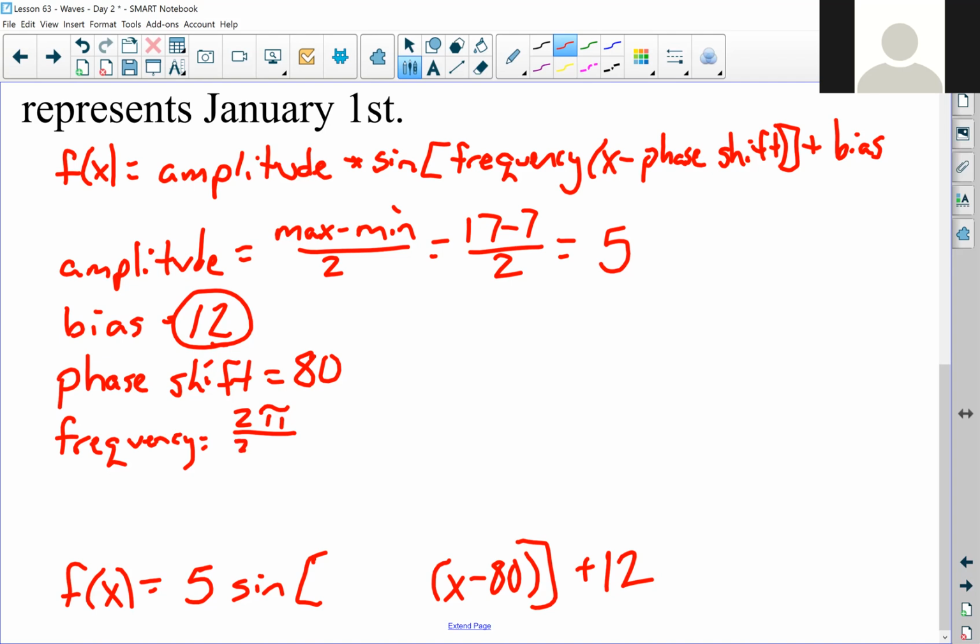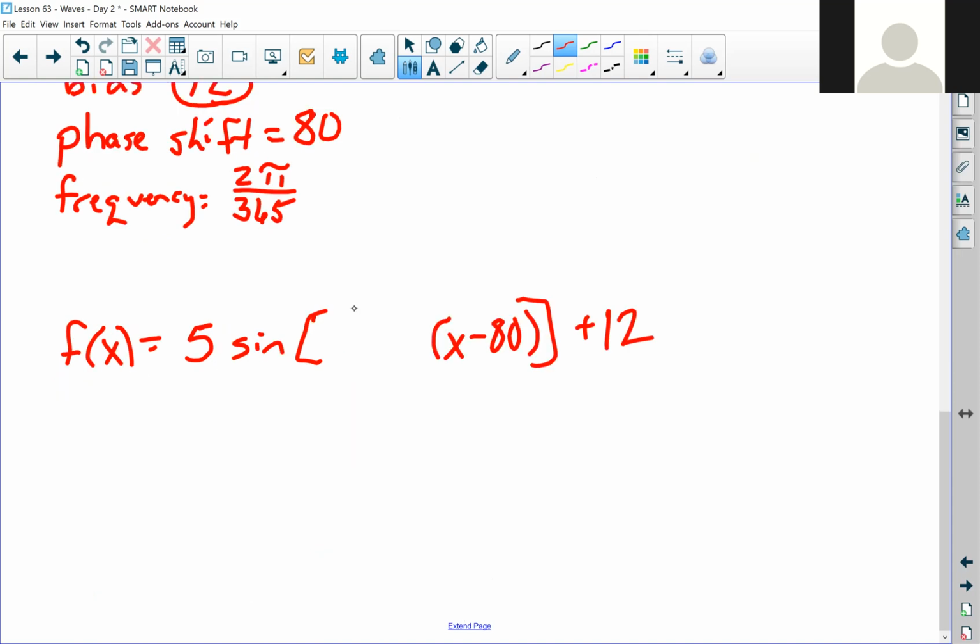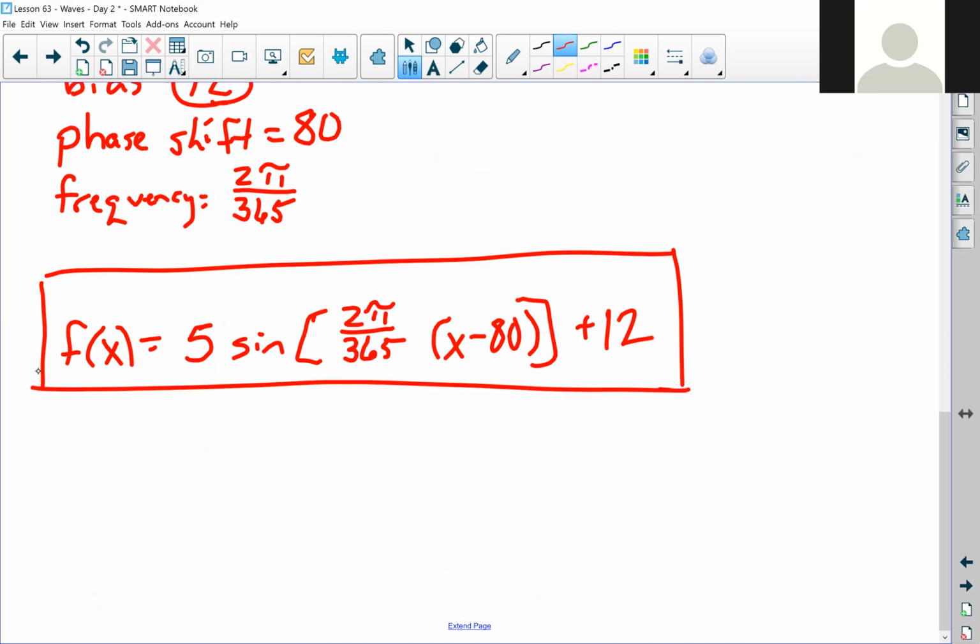So it's 365 days. This equation then will approximate the number of hours of daylight for any day of the year.